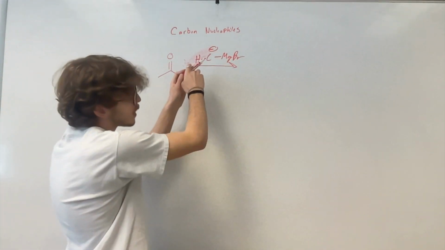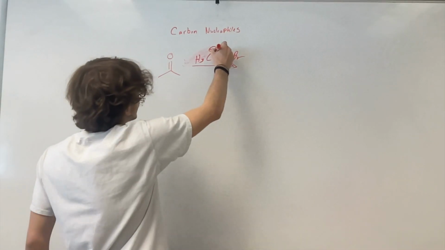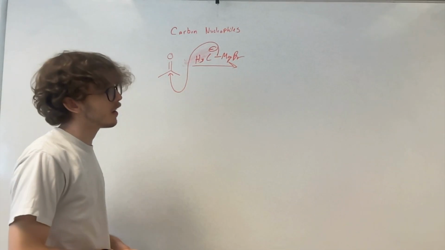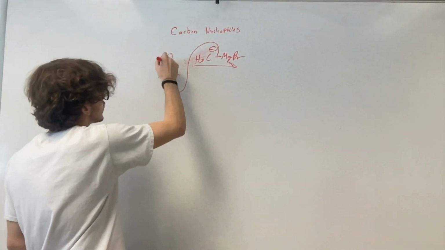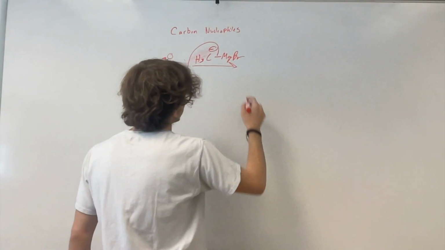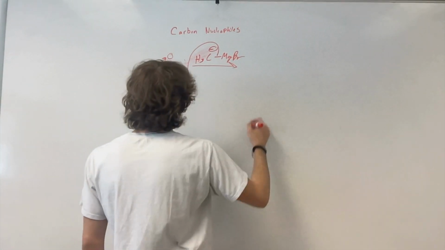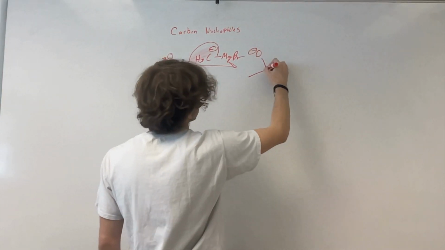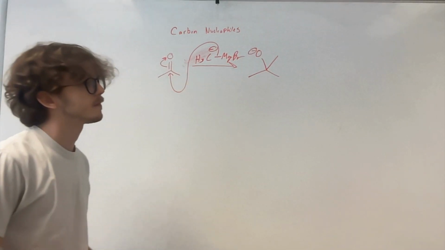You have to show it from the bond, but let's treat carbon as negative. What happens is this bond is going to do backside attack on that carbonyl, and it's going to kick up electrons. He says, I'm making my way at home. Magnesium bromine bond breaks and just leaves as magnesium bromine. What happens next is we have oxygen with a negative charge, and we have our methyl group here.